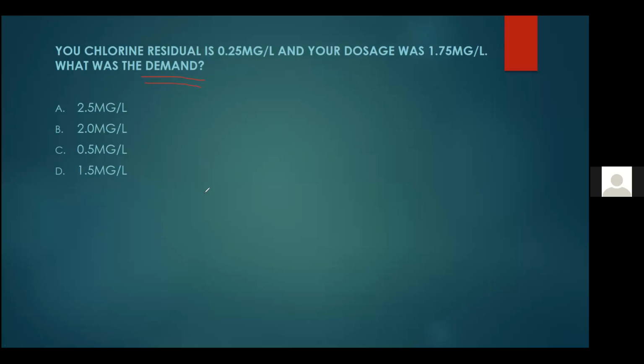I see lots of D, good. And this is really simple math. I'm going to put in 175. I'm left with 0.25. I've used up 1.5. That's the demand.